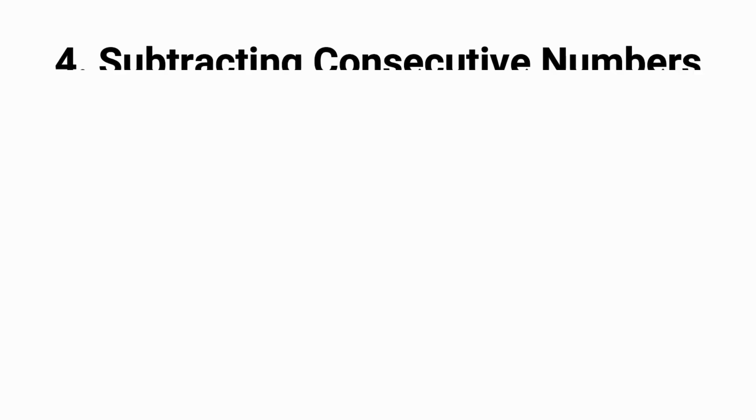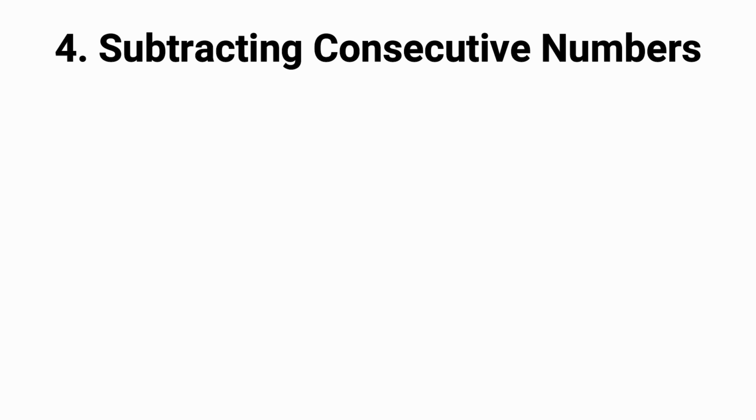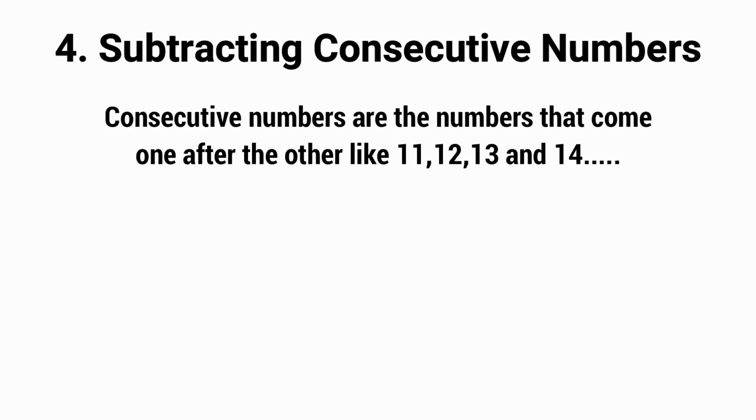Here comes the fourth subtraction property, that is subtracting consecutive numbers. But before understanding this property, you should know what consecutive numbers are. Consecutive numbers are the numbers that come one after the other, like 11, 12, 13, 14.